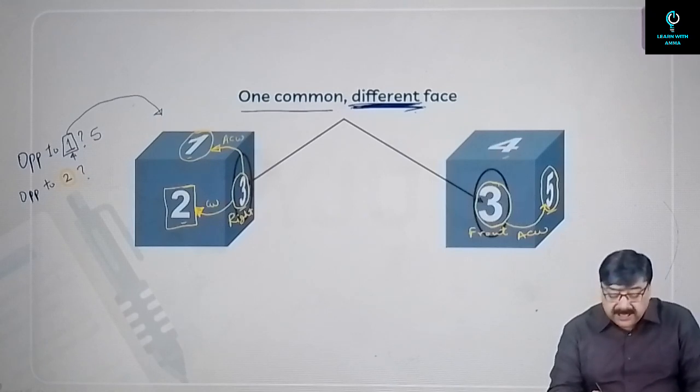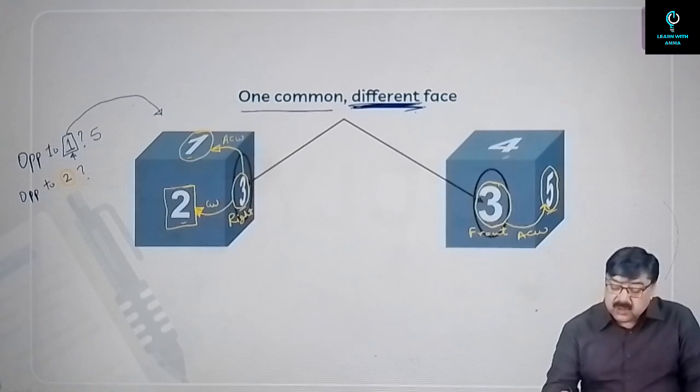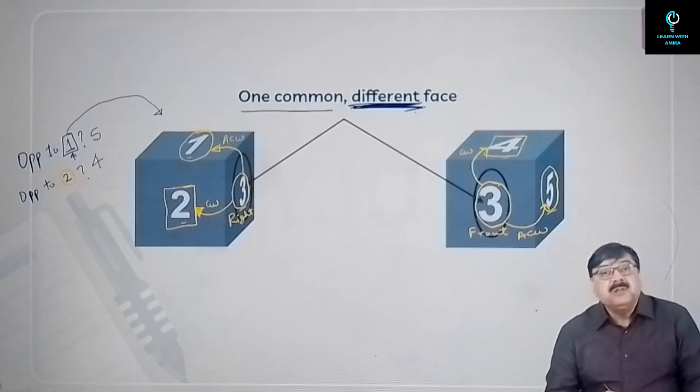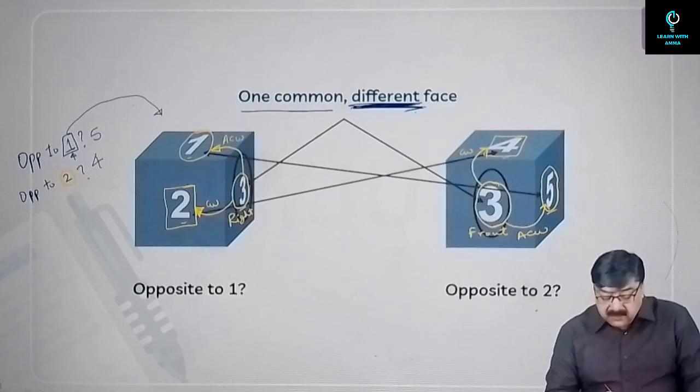That is, if you want to bring the common number to the place of number 2, then you will have to move this clock in the clockwise direction. So hence, go in the same direction, that is the clockwise direction, to get your answer as 4. So which number is opposite to 2? It is 4. So now we can see that opposite to 1 is 5 and opposite to 2 is 4.